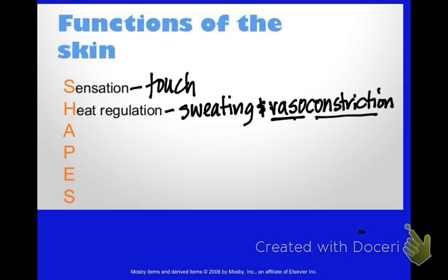You've heard the saying, she was as white as a ghost. You were white with fright. That's because of vasoconstriction. All the blood goes out of your skin and you get paler. So when you press on your skin and you see the white spots form, that's vasoconstriction. You're manually doing it.